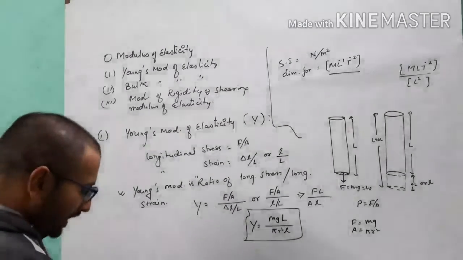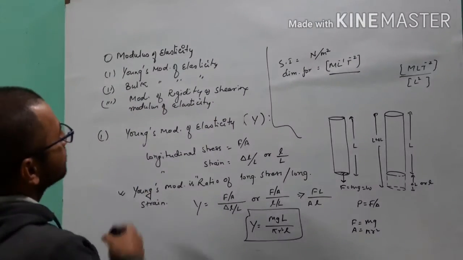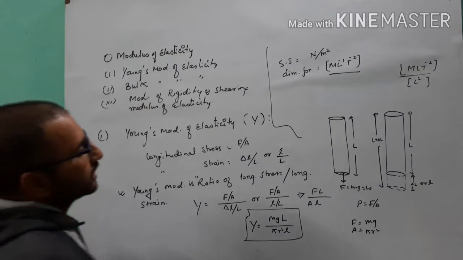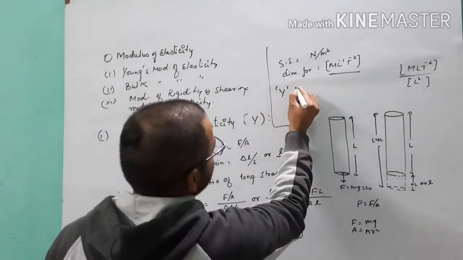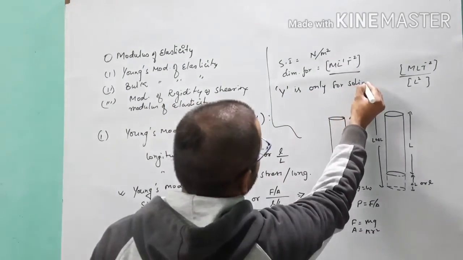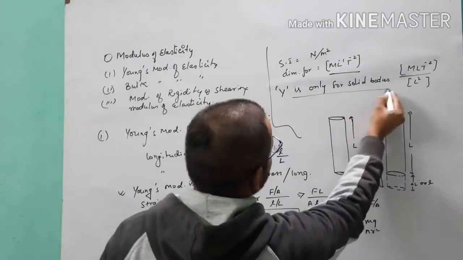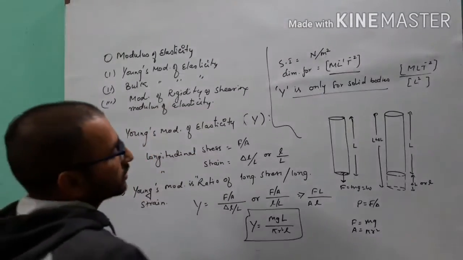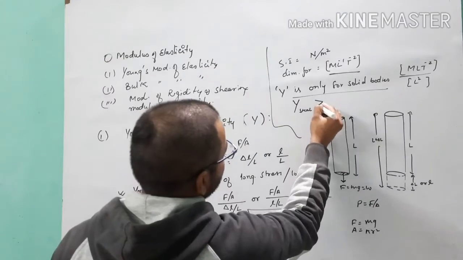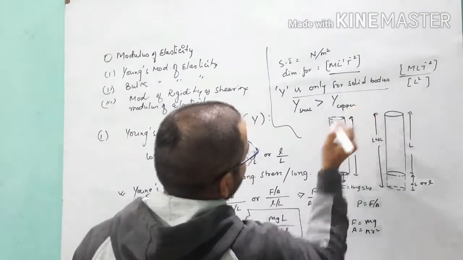Point clear? After this discussion, we will talk about the next point, which is bulk modulus of elasticity. Before that, understand one thing. Young's modulus of elasticity is applicable only for solid bodies. And one more thing, remember this point: Young's modulus for steel is greater than Young's modulus of copper. Point clear?